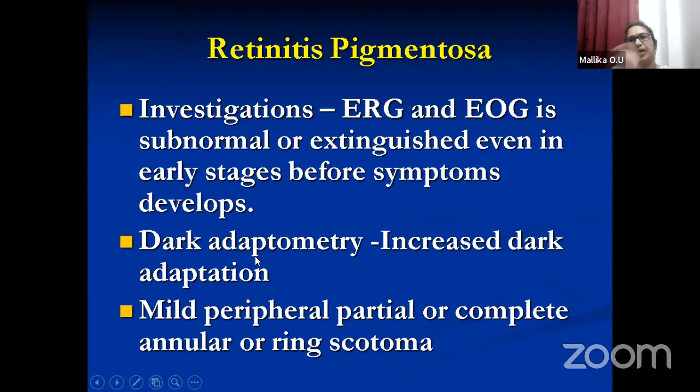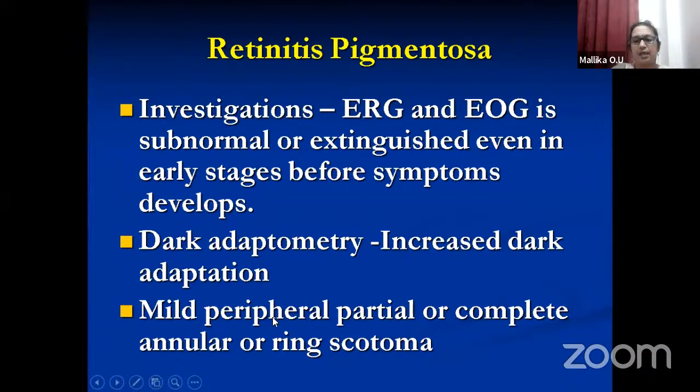That is, the patient finds it difficult to adjust to the dark when coming from light to dark, especially in the evening, or when going to a dark room from a well-lighted room. Compared to a normal person, they take a long duration to adjust. That is called defective dark adaptation.